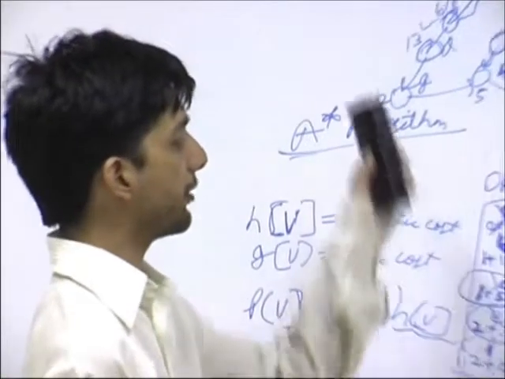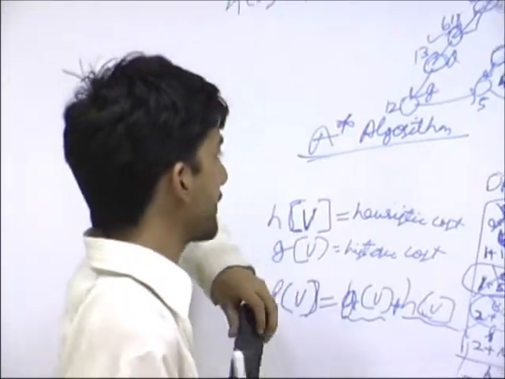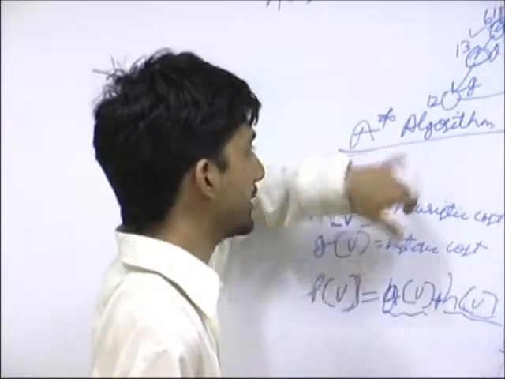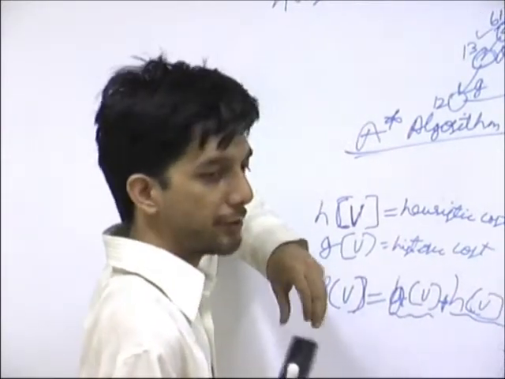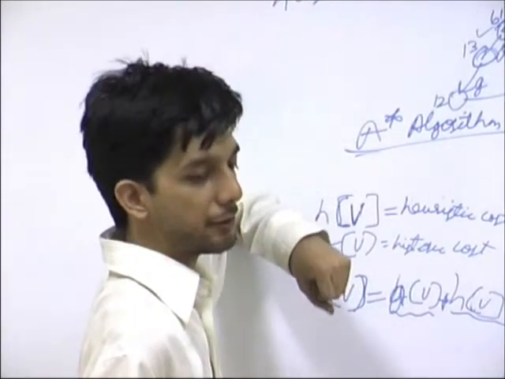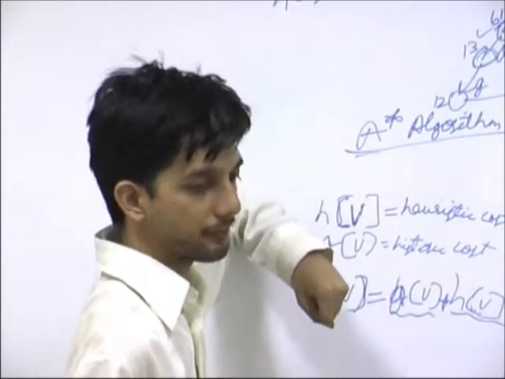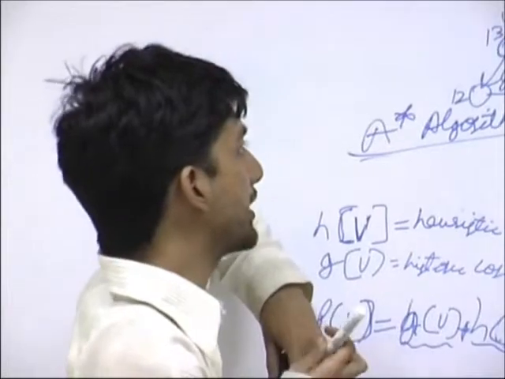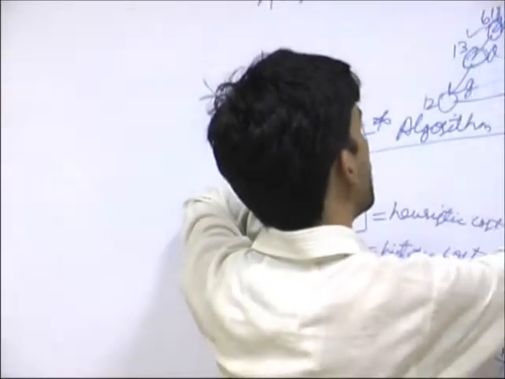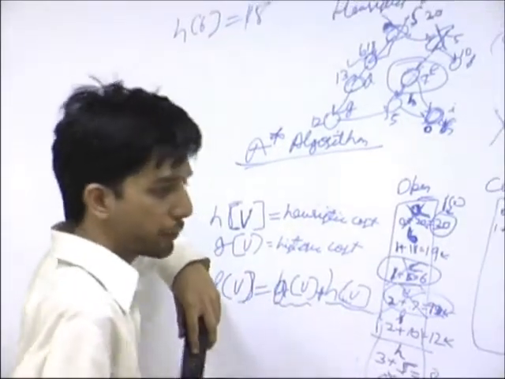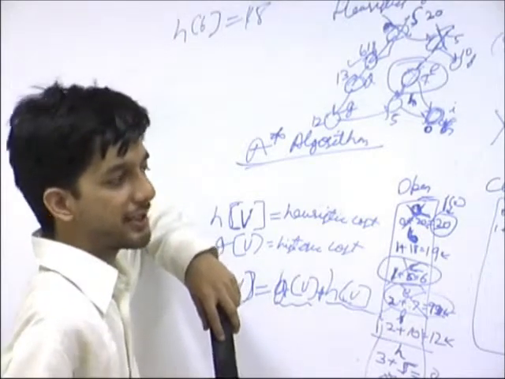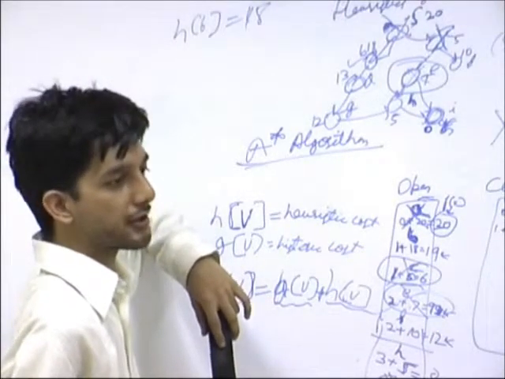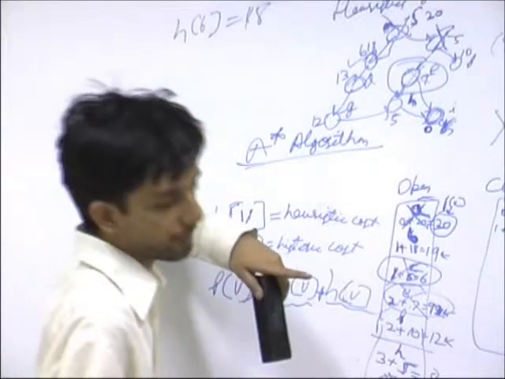So just a little bit of explanation on what the A-star algorithm is trying to do over here. The A-star algorithm is trying to process nodes that are likely to have the lowest total cost. The total cost of any node over here represents the estimated total cost from the source to the destination.